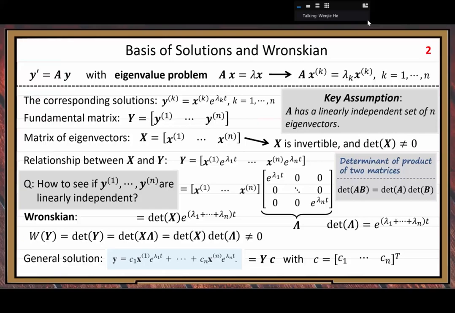Next time we will try to solve the non-homogeneous case, the more general case of the non-homogeneous linear ODE. All right, so that's it.